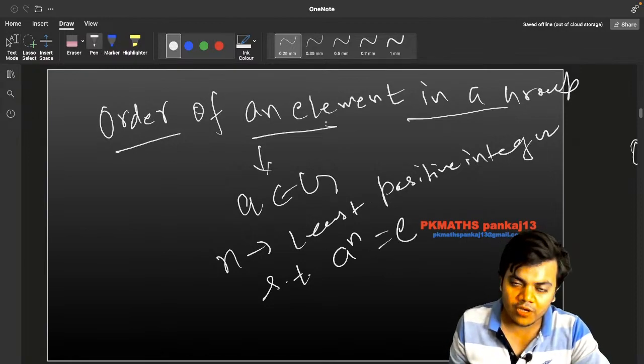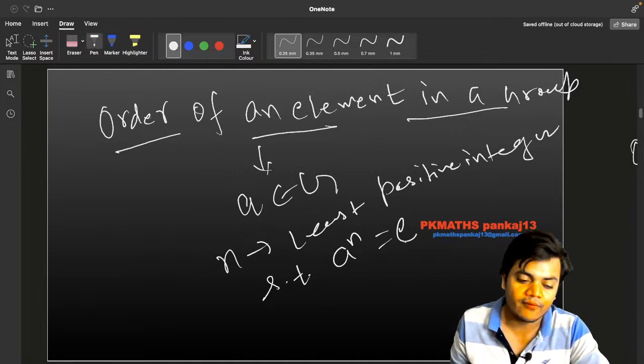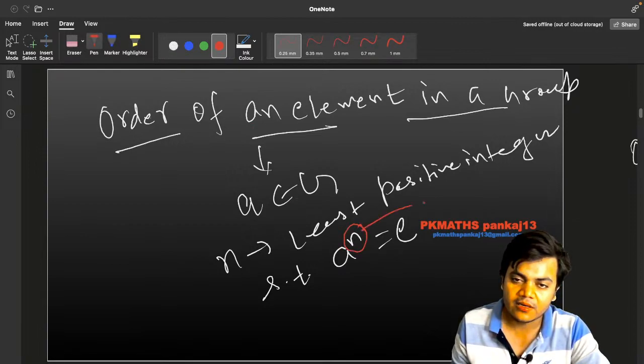So if you have an element a and a least positive integer n such that a to the power n is equal to e, then this n is called the order of the element.